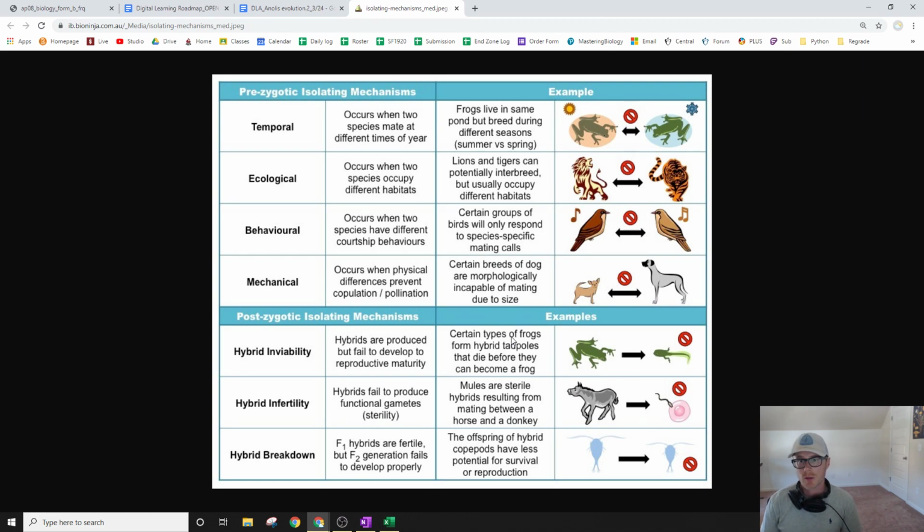those organisms from interbreeding. For the bird video and the Anolis video, it was primarily behavioral and ecological mechanisms that led to the divergence of all those different species. The behavioral aspect came into play when they were talking about sexual selection and the little colored dewlaps, which allow the females to ensure that they're mating with males who are members of the same species.